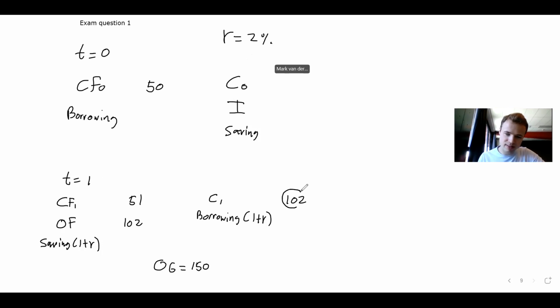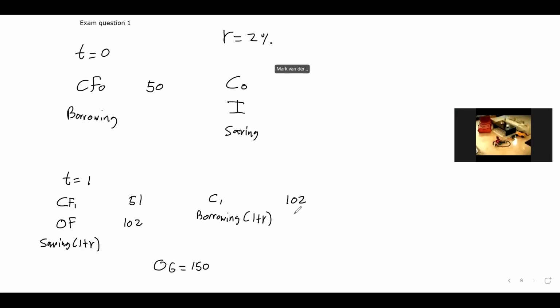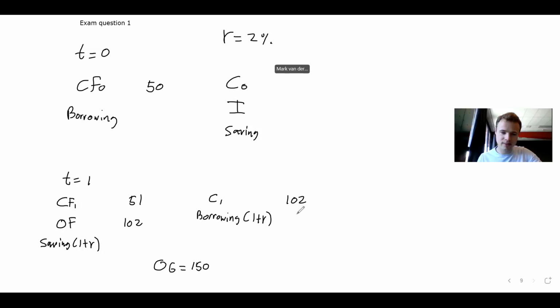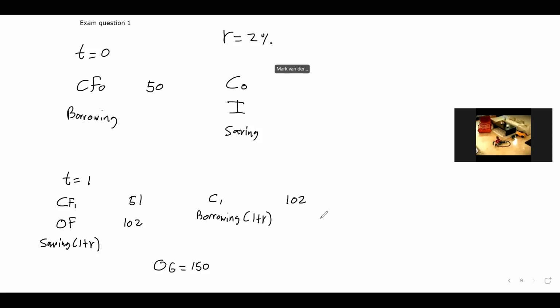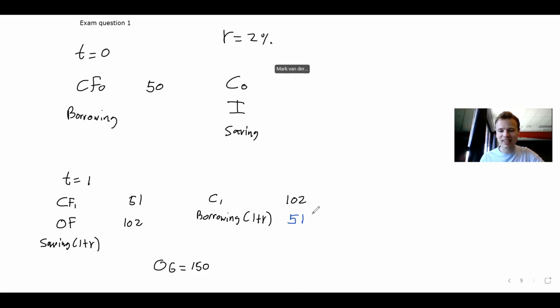We can say that OH is 150 times 1.02. My question was if we can know this value here. So 51 plus 102 minus 102, that is 51 basically.